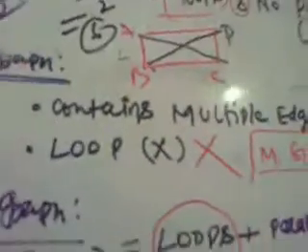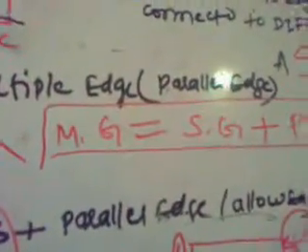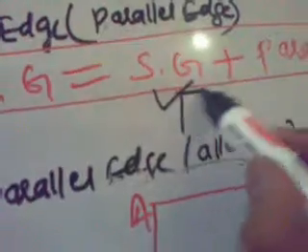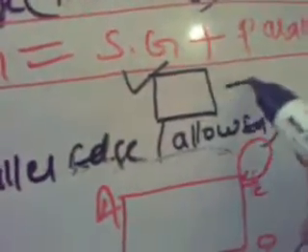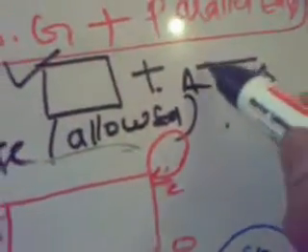If you talk about the more technical definition of the multigraph, suppose this is a simple graph plus parallel edges, that means A to B has another edge too. This may be one example. Simple graph plus parallel edges may be an example of a multigraph.